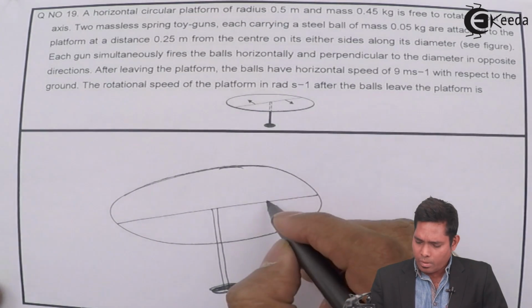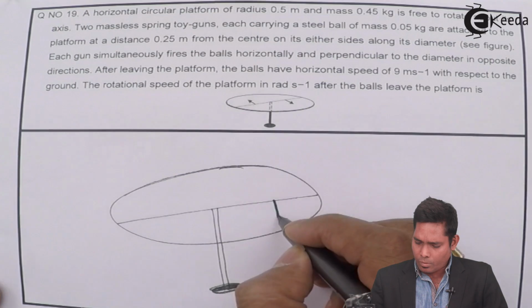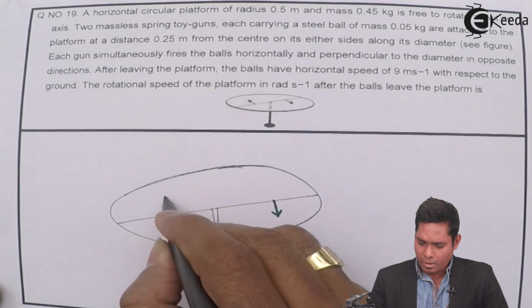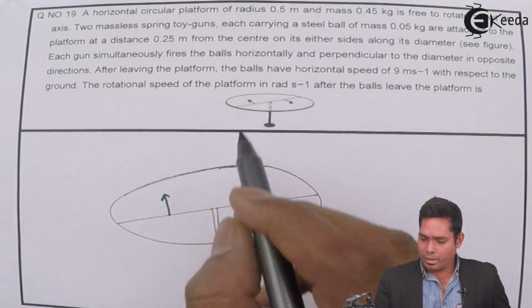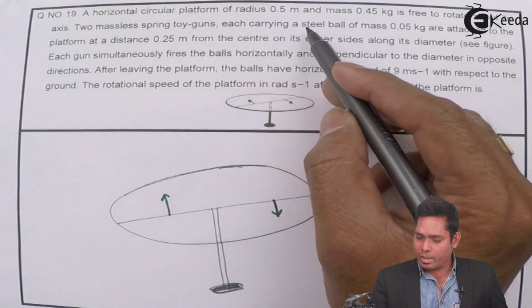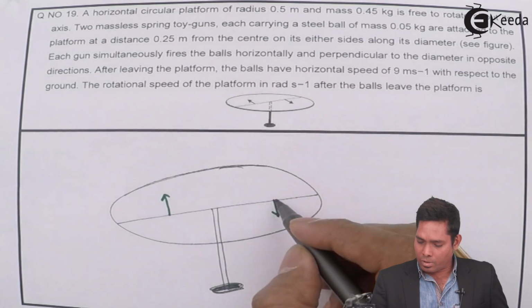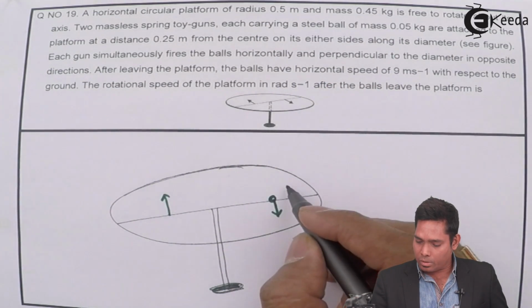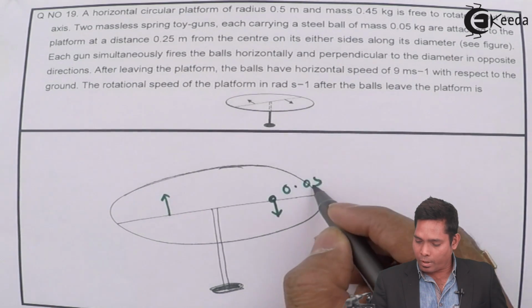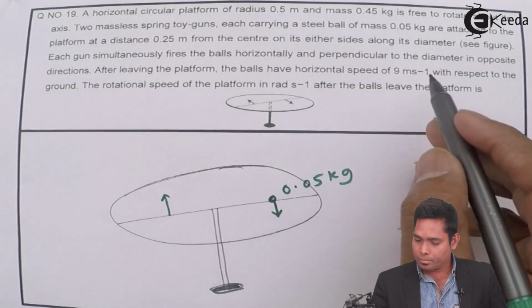Two toy guns, one fired from here like this and another here, each carrying a steel ball of mass 0.05 kilogram each.